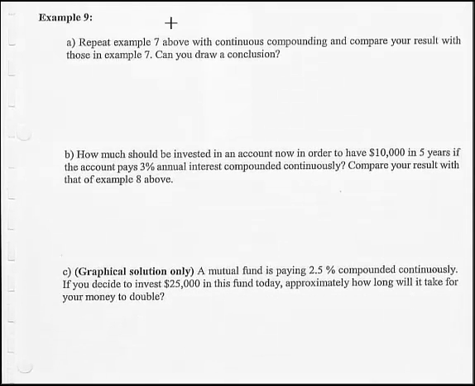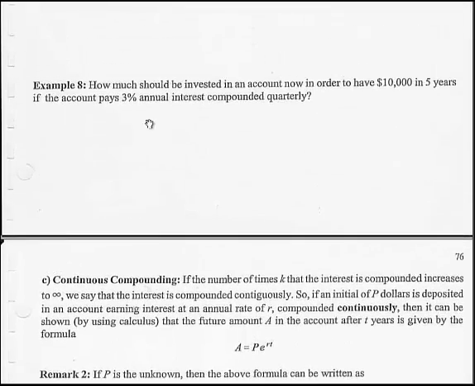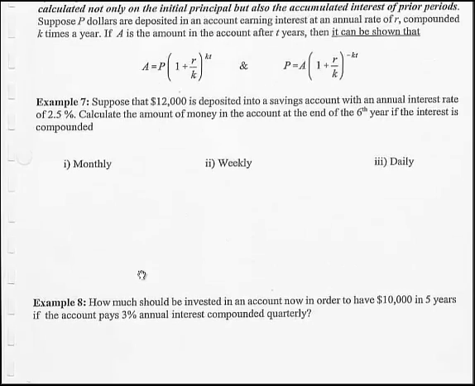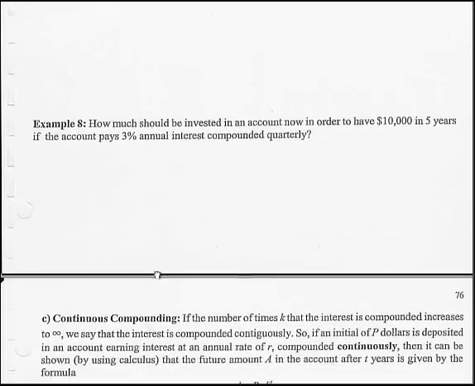So example 9, repeat example 7 above with continuous compounding and compare your results with those in example 7. Can you draw a conclusion? Alright, let's see, example 7, what was that? $12,000, 2.5, and 6.